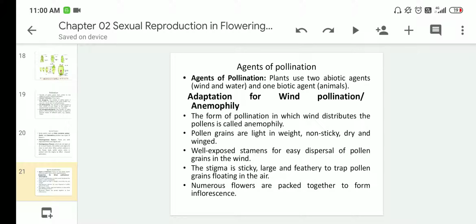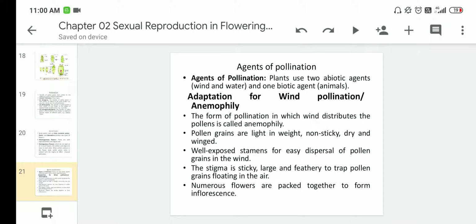The first one is the adaptation for wind pollination. It is also known as anemophily. Wind pollination is also called anemophily, and the flowers are anemophilous flowers. Pollen grains are light in weight, non-sticky, dry and winged.